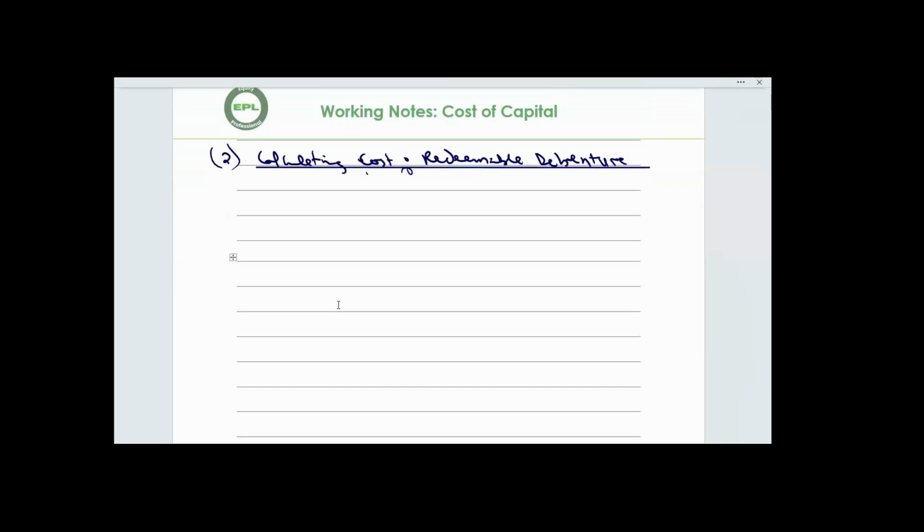Step 2, you calculate the internal rate of return using the IRR formula. Whatever you have thereafter will represent your cost of redeemable debts. So I would say assume 10%. When you are calculating internal rate of return, the examiner will not give you the discount rate. You are the one that will assume it, and that's why we said IRR is subjective.